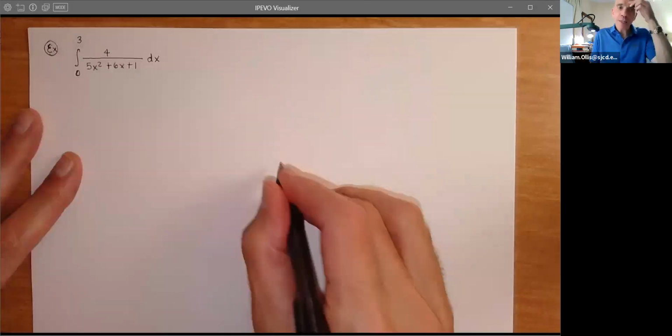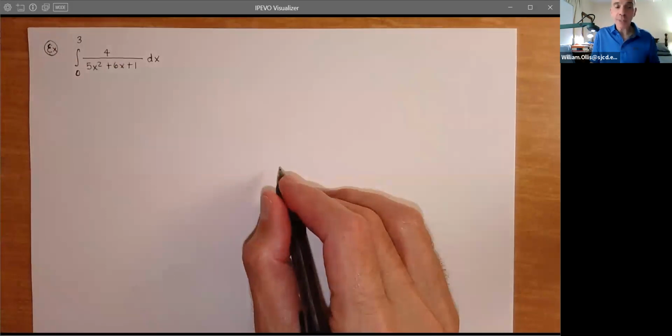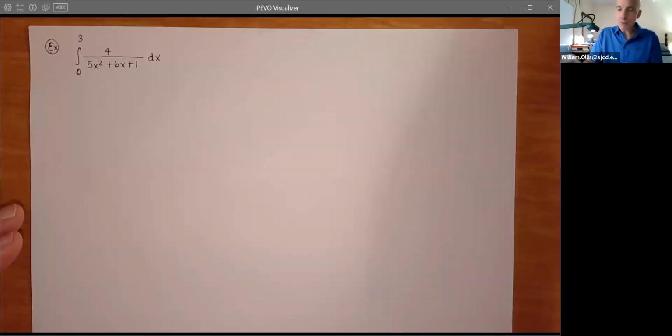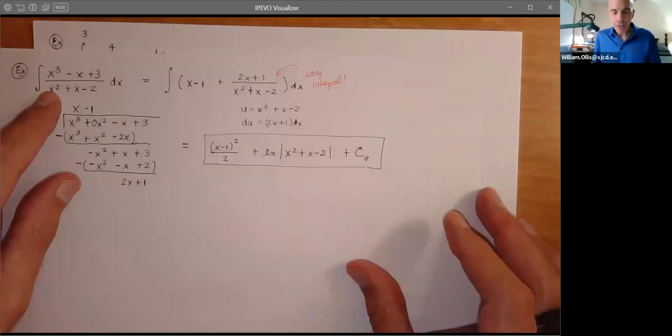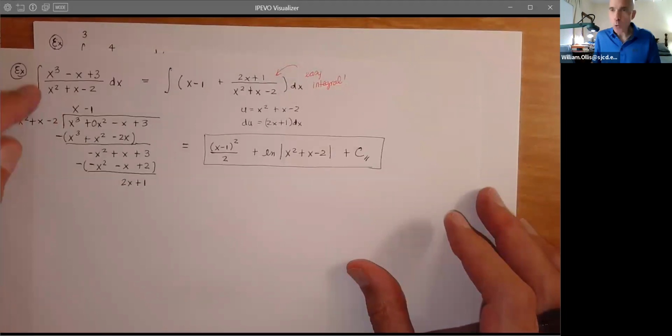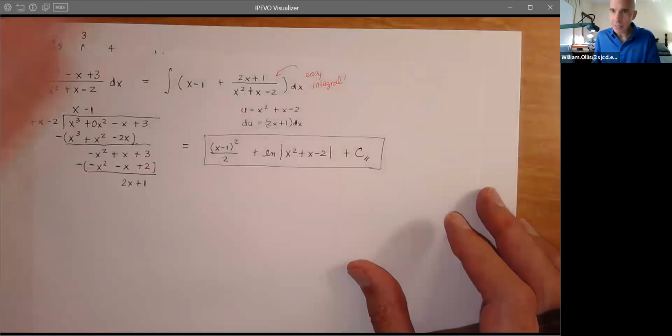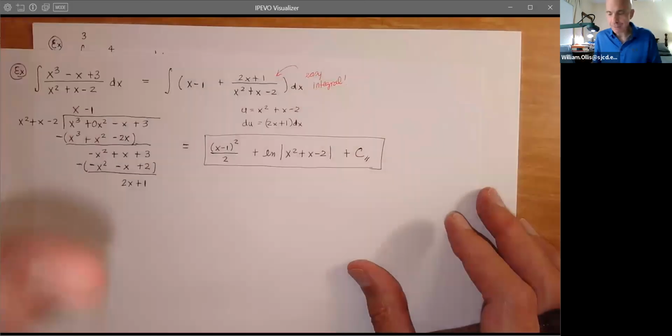Now, if we look at this problem, ladies and gentlemen, it's very different from the last one. With the last one, we first had to divide because the degree upstairs was 1 more than the degree downstairs, just like doing horizontal asymptotes in pre-cal. And so we get a very simple setup here, which we were easily done with.